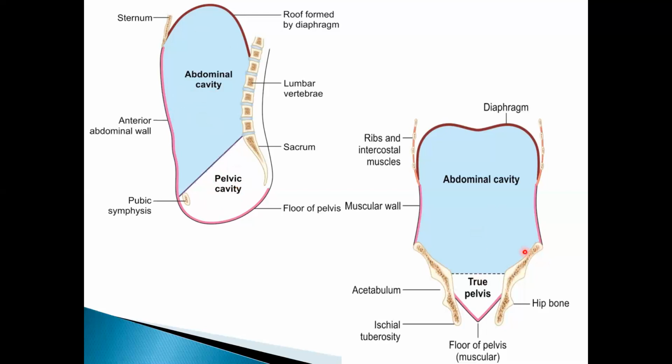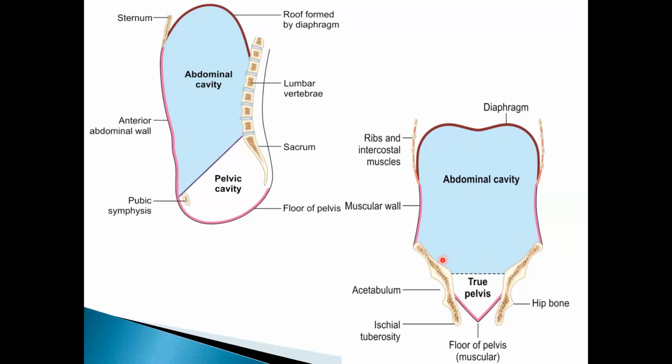This part, bounded by the two hip bones on both sides and the sacrum on the posterior side, is called the pelvic cavity. So up to the iliac crest, the upper part of the iliac crest, this is the abdomen, and below it this is the pelvis. Now this pelvis is again divided into two parts.